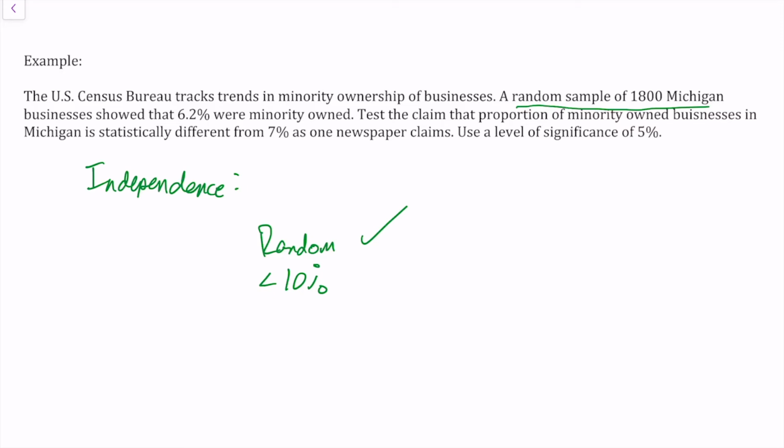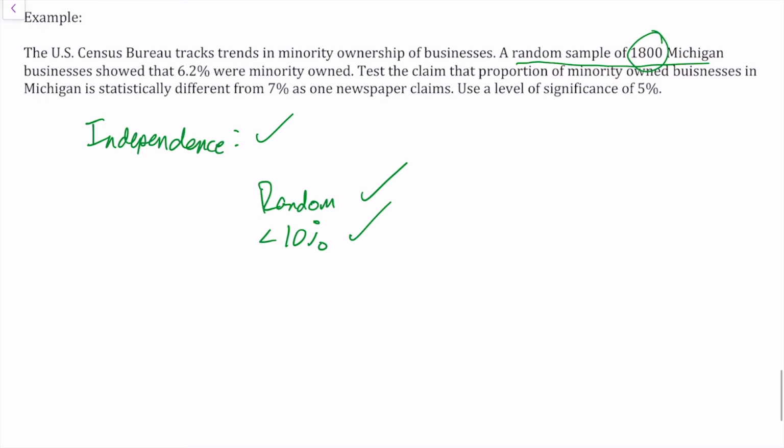So we have random sampling. Less than 10% sampled. Well, yeah, we sampled 1,800 businesses, but we're talking about the entire state of Michigan. There's certainly a lot more than 1,800 Michigan businesses, so I think we can safely assume that we have sampled less than 10%. Therefore, the independence assumption has been satisfied. Okay? Also, we need to check the success and failure condition.